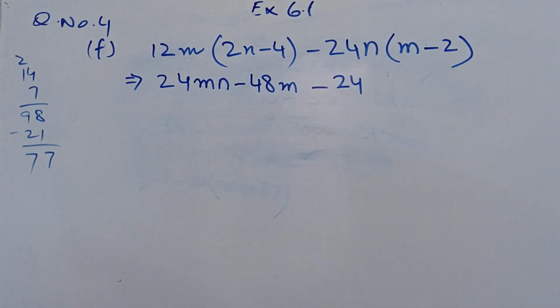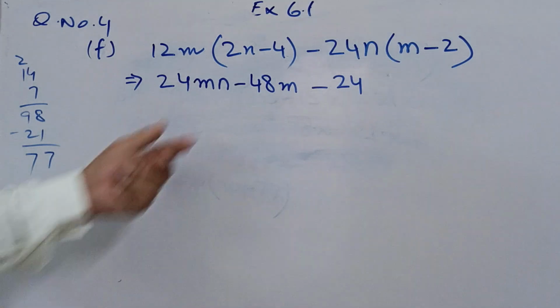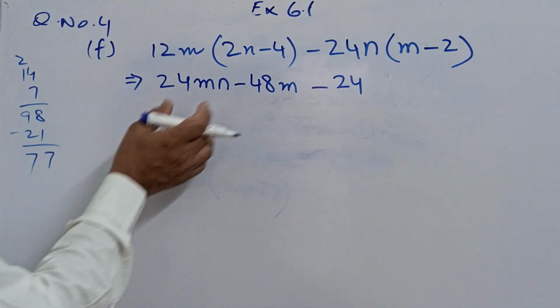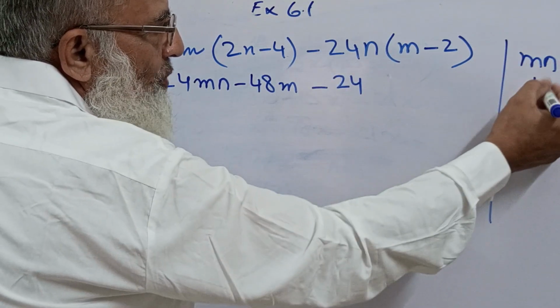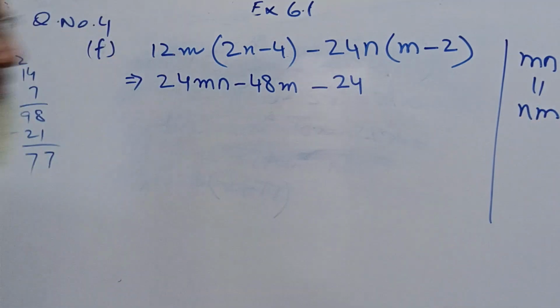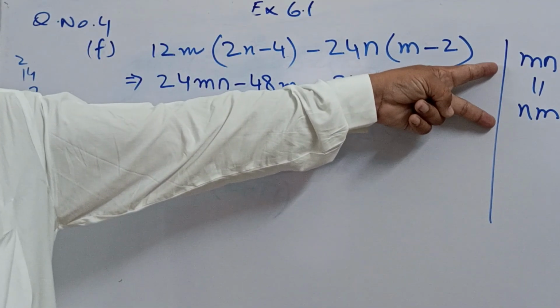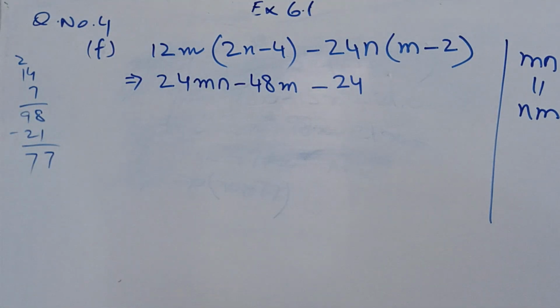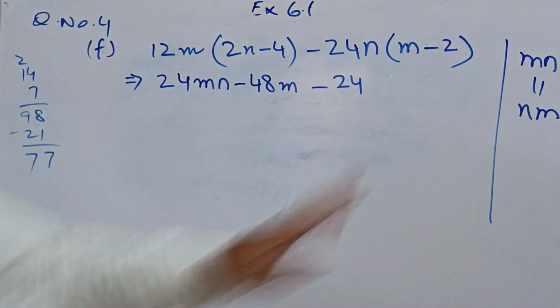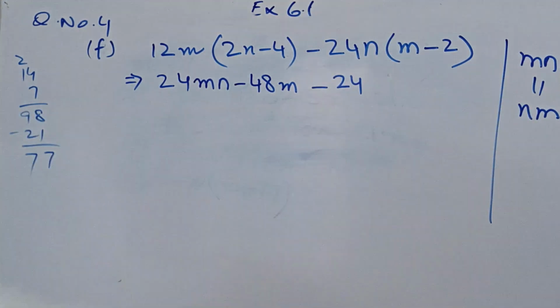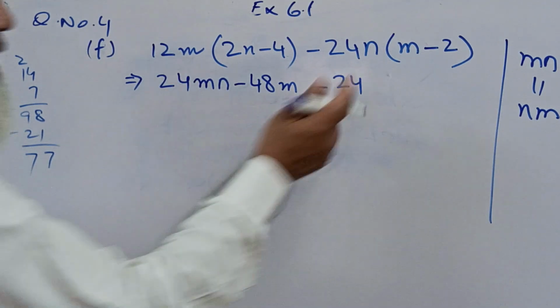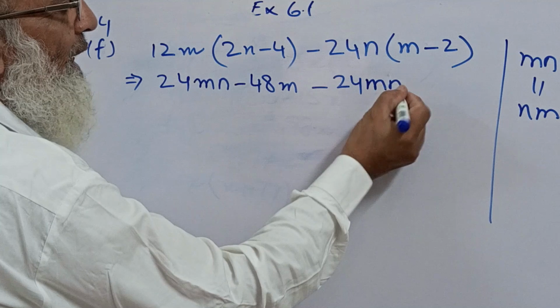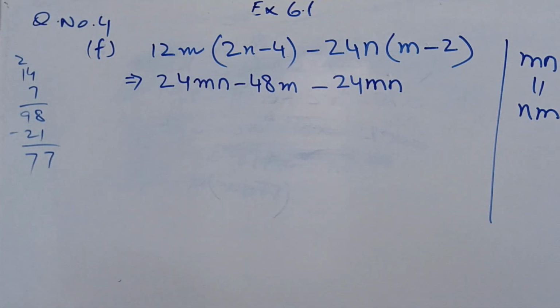Now you can change the places like this. You see that mn is equal to nm. Both quantities are the same. You can just flip their places whenever you want to. I wanted to do it like this because at first we have taken m at the first place, so I am going to take m at the first place, so that the two quantities will look the same.